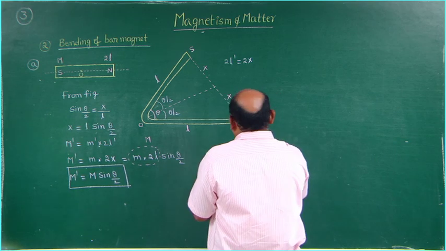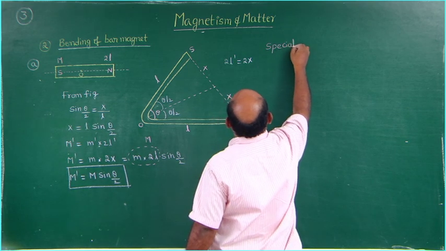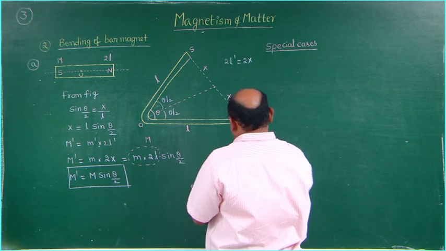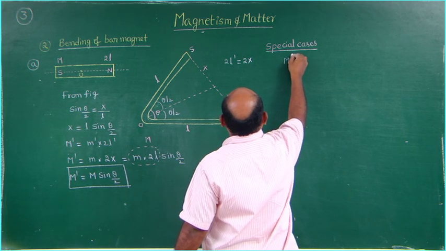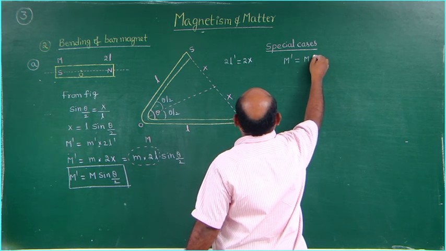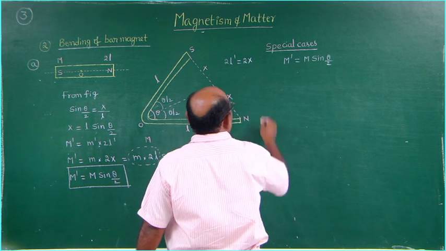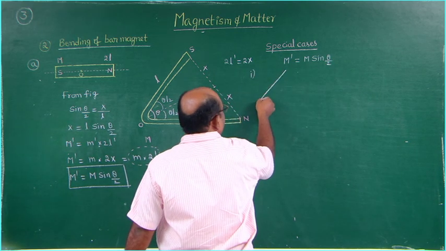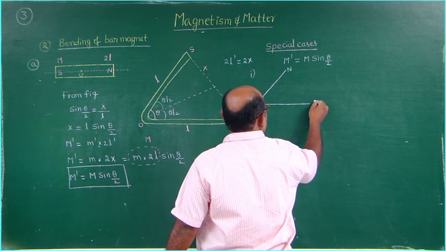Now, special cases. In the first case, the new magnetic moment M dash is equal to M sine theta by 2. Suppose the magnet is bent such that this is the north pole, this is the south pole.